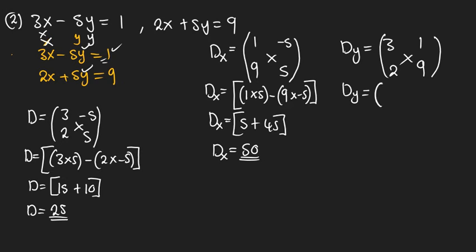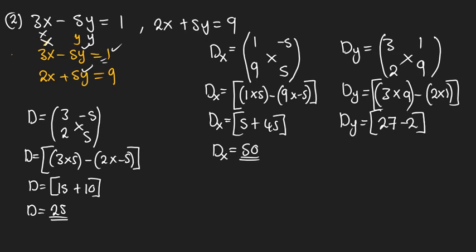So this is going to be 3 multiplied by 9 minus 2 multiplied by 1. What is 3 multiplied by 9? It's 27. So 27 minus 2, our dy is going to equal to 25.